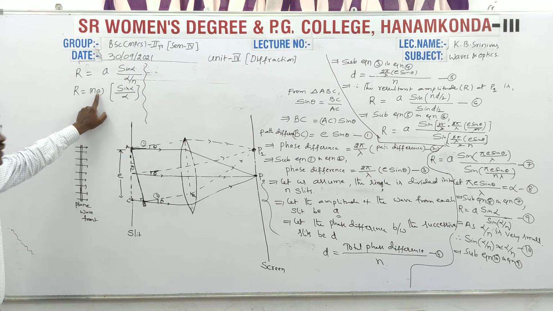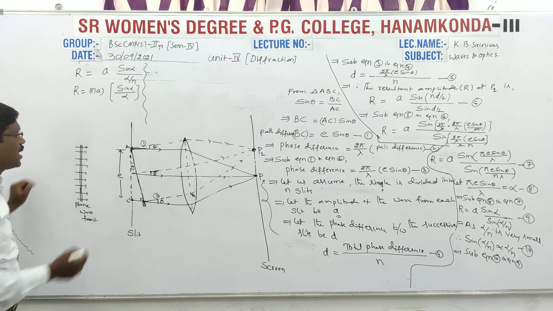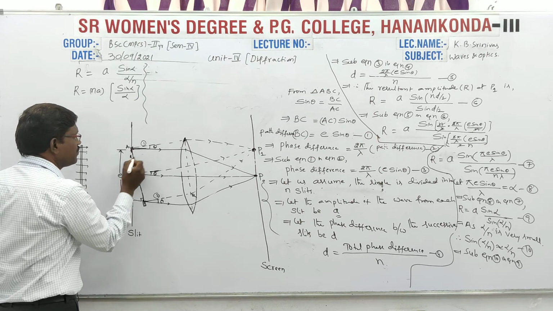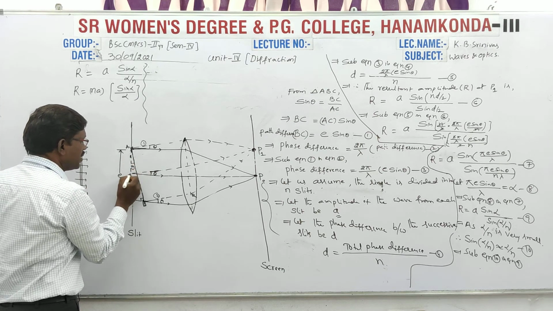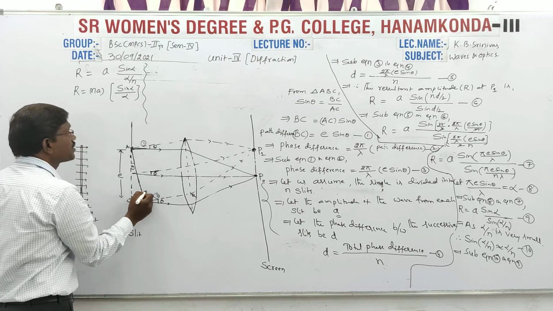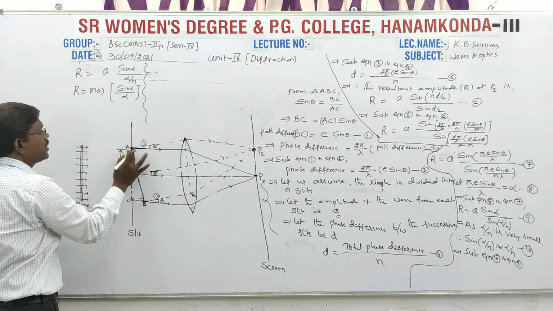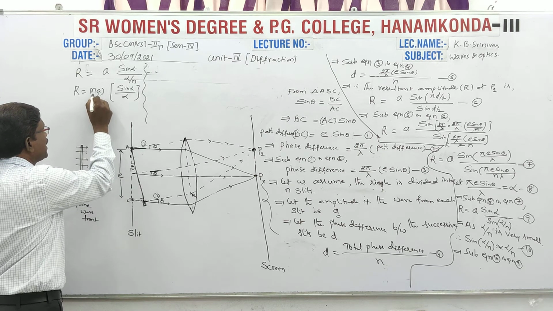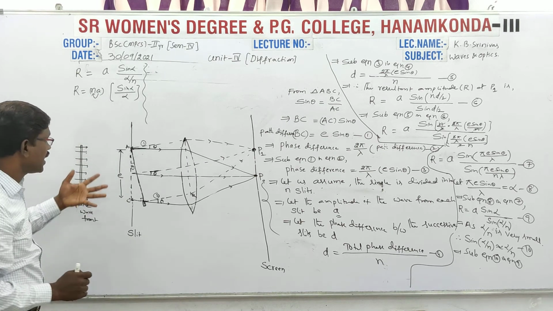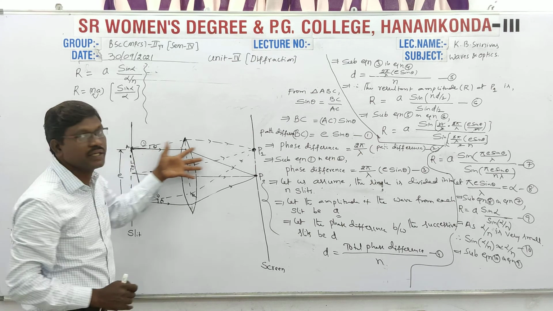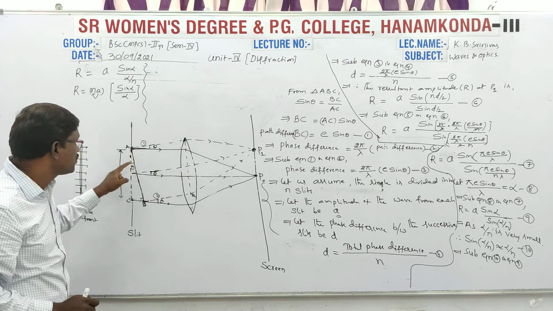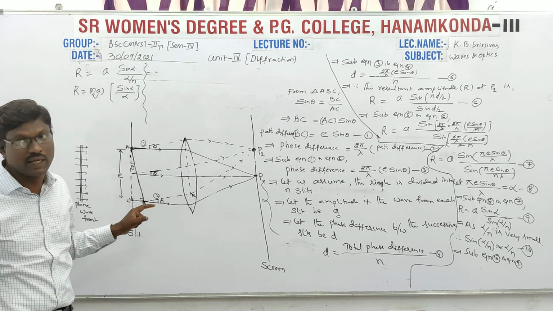See this NA. What is A? That is the amplitude of each and every wave coming from each slit. N is the number of slits. So if A is multiplied by N, you can calculate the total amplitude due to these waves whose amplitude is small a.